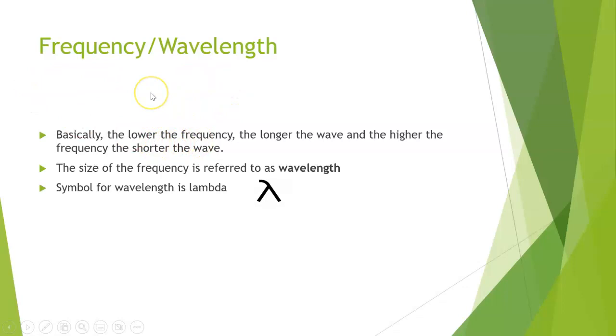Basically, when we're looking at lower frequencies, those lower frequencies have really long wavelengths, and those higher frequencies have really short wavelengths. So the size of the frequency measured from one point on one wave to the same point on the next wave is referred to as wavelength, and the symbol for wavelength is lambda.